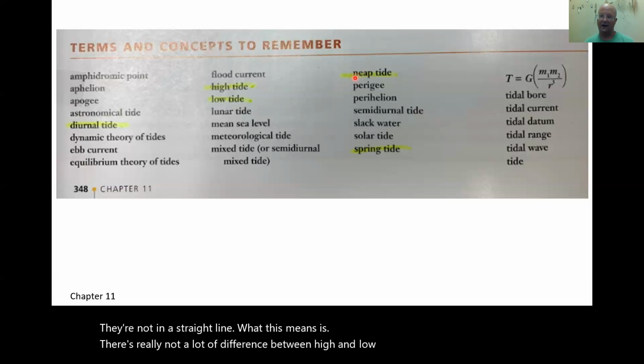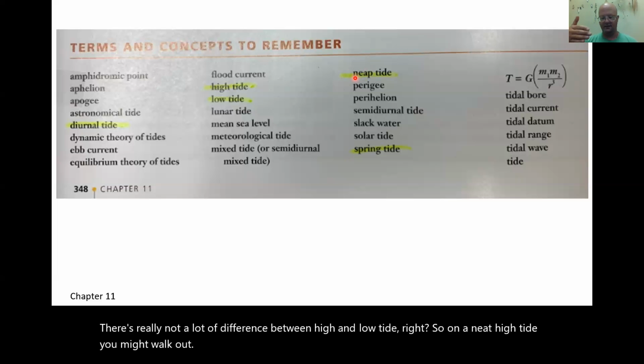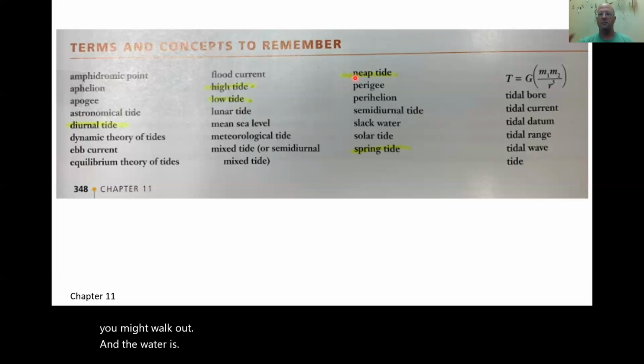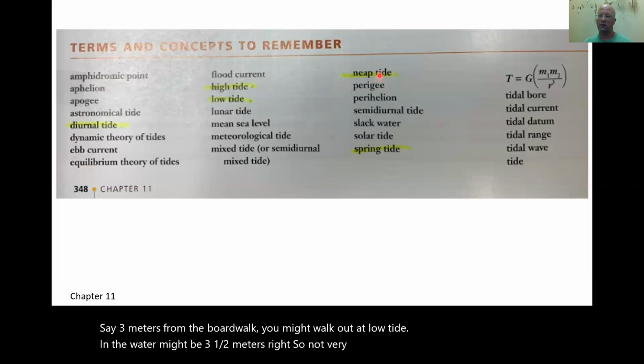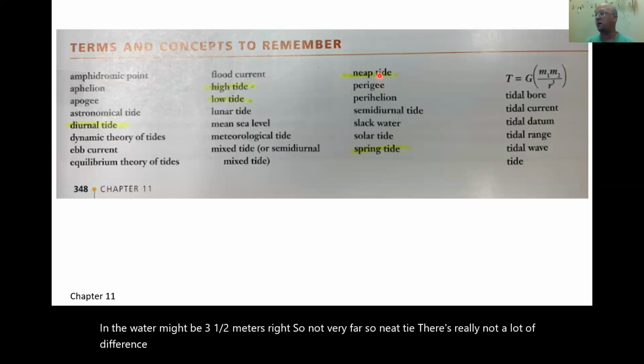So on a neap high tide, you might walk out and the water is, say, 3 meters from the boardwalk. You might walk out at low tide and the water might be 3.5 meters. So not very far. So neap tide, there's really not a lot of difference between the high and the low tide. We'll talk about that in a little bit in class.